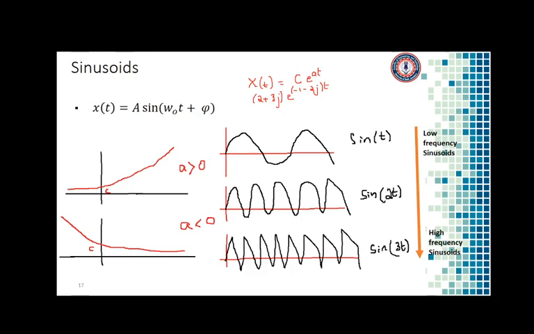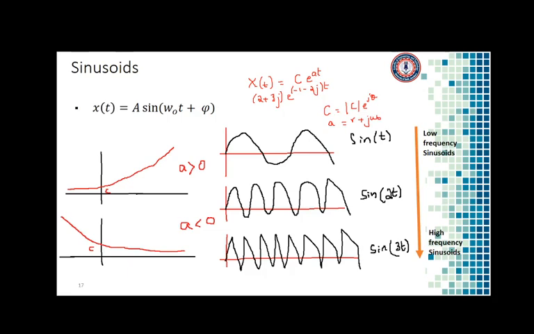Remember, I can always write c as the absolute value of c times e to the j theta, and I can write a as r plus j omega naught.